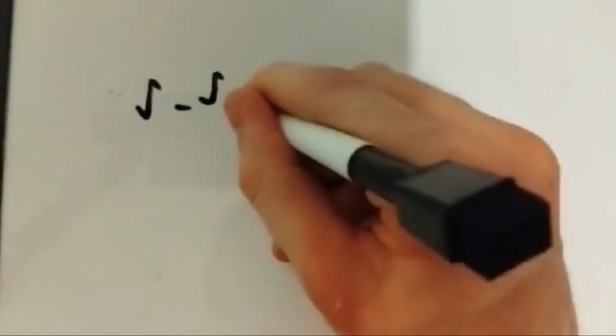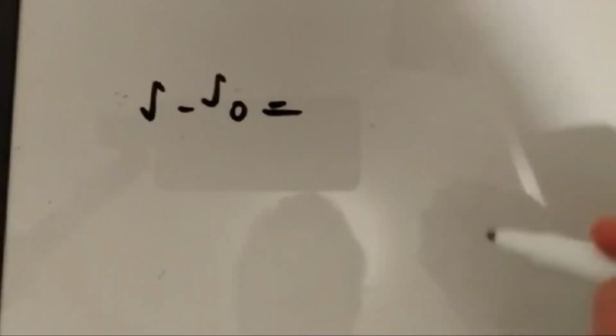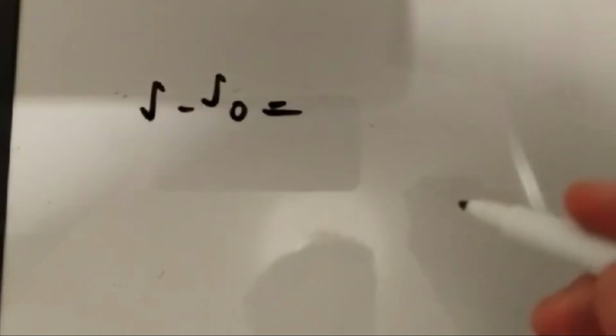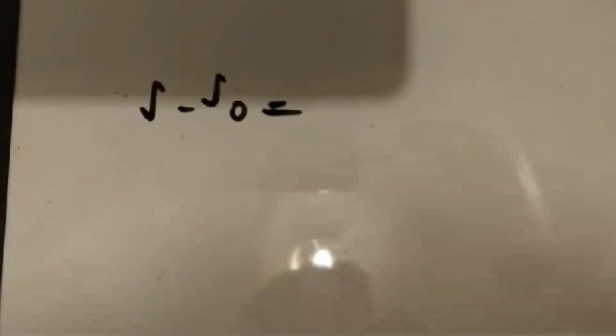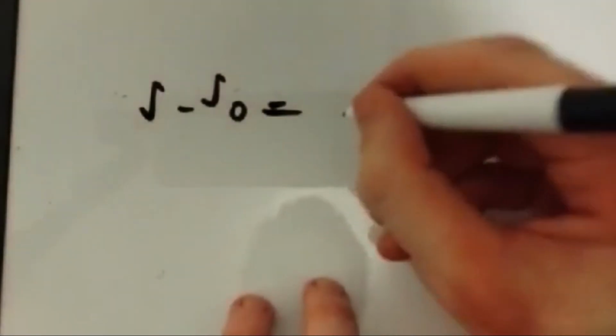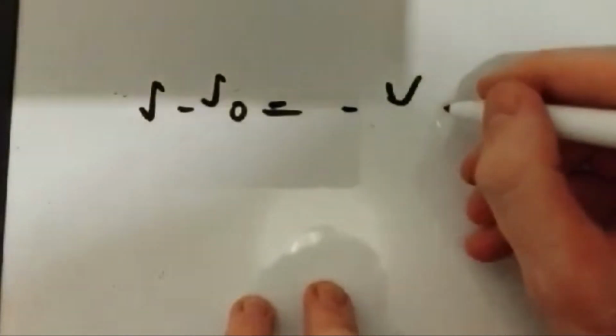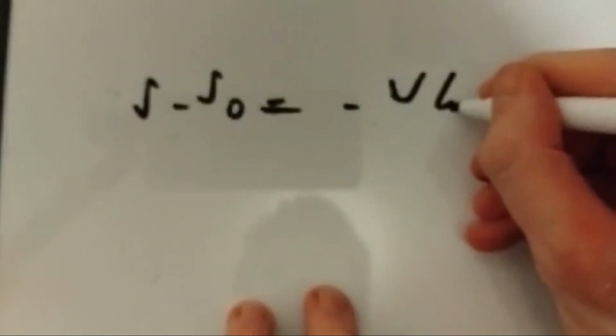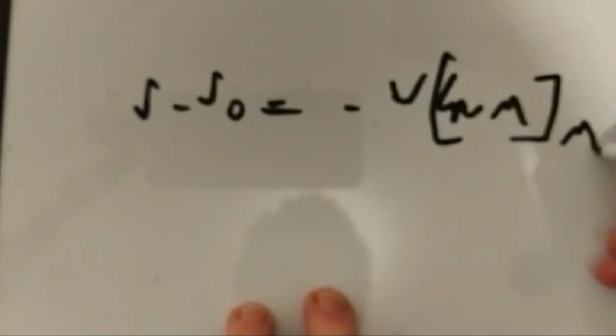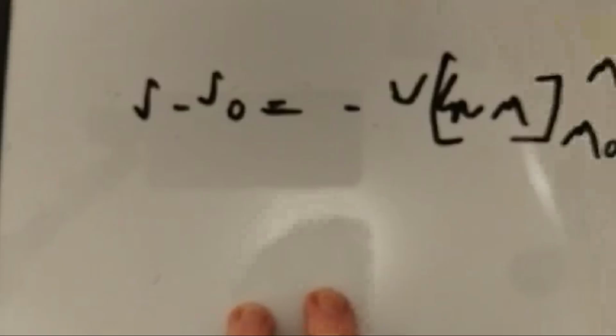Now, when you integrate that out, you get velocity minus the initial velocity, and the integral of 1 over m is ln of m. So you get negative u ln of m, between m0 and m.